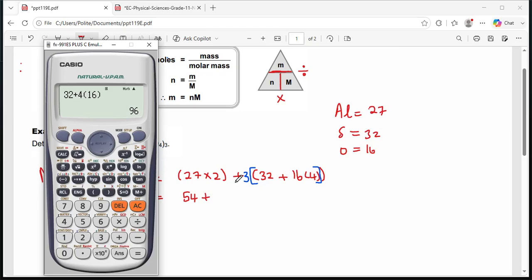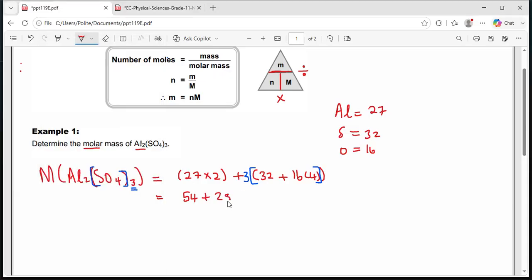Then the answer that you get, let's multiply that by 3, which is 288. We add the 54, so 288 plus 54, that's 342 grams per mole.